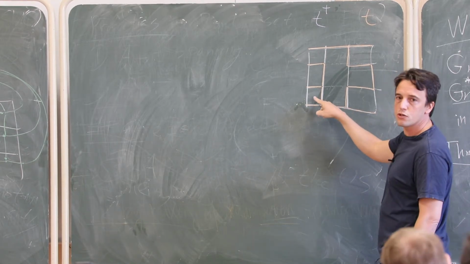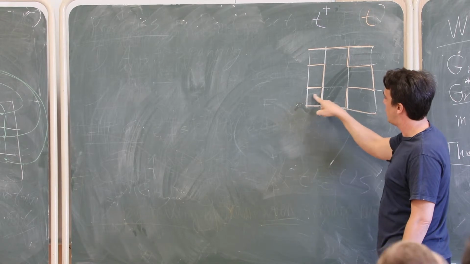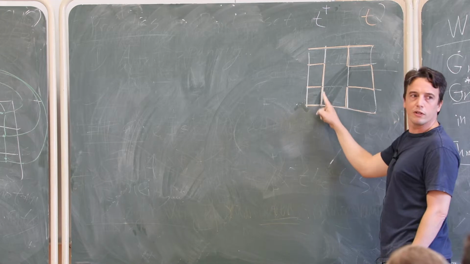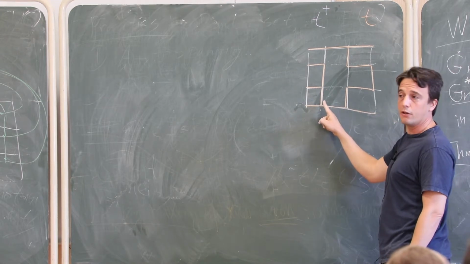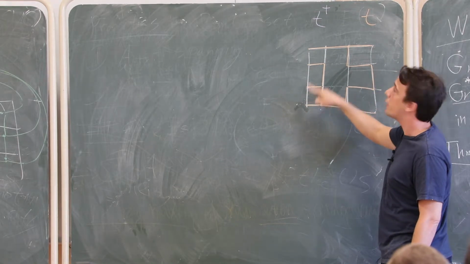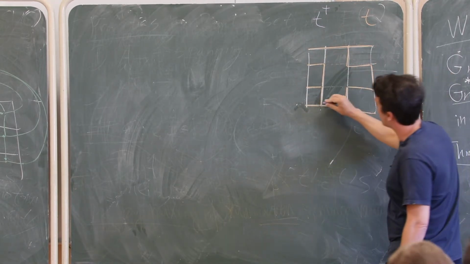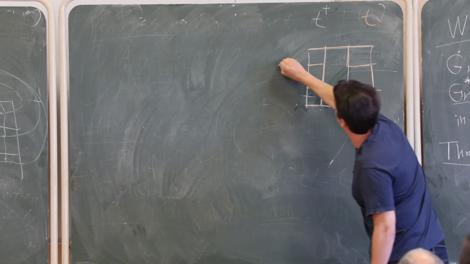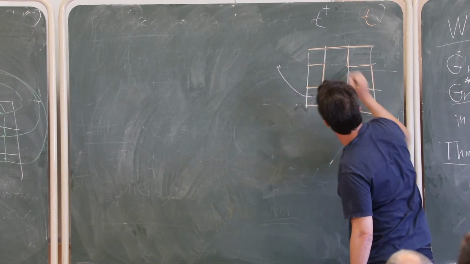I'm not putting an edge every time two faces are bordered by an orange edge, but I'm putting an edge every time I do not have an edge in the orange tree. So I'll put an edge like this. But on the outer face, I have only one vertex.